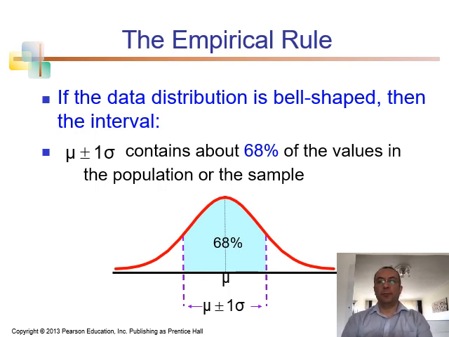Sometimes we use that rule. If you have bell-shaped data, like a curve like this, and find the mean, mu plus minus sigma will give you approximately 68% of the values. That is mu plus minus sigma.